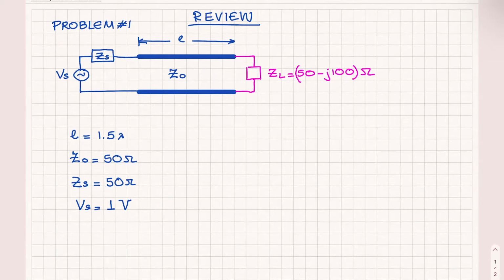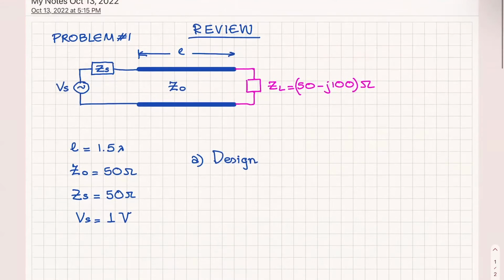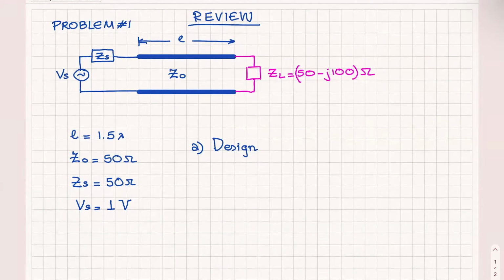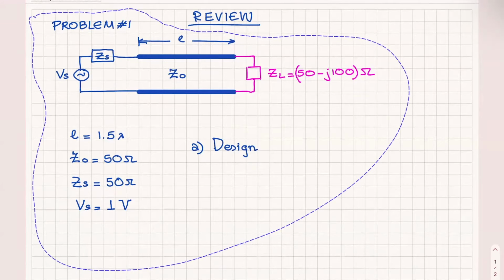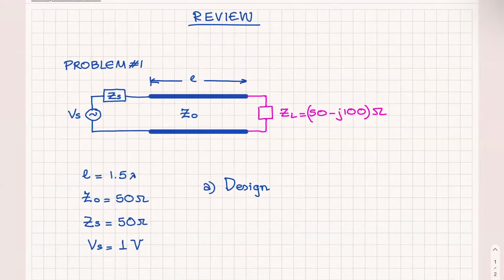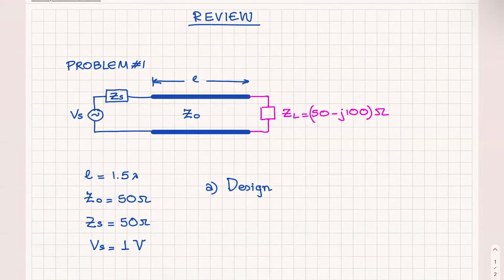Question A will be to design a matching network. I have a quick question, more general. If we're given the frequency and the wavelength, do we use the phase velocity?